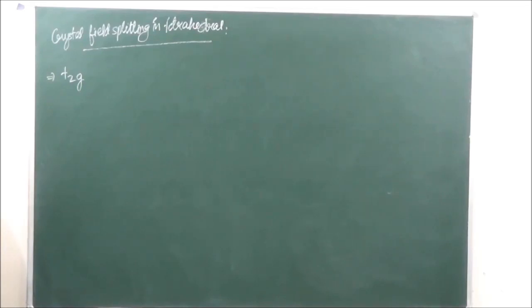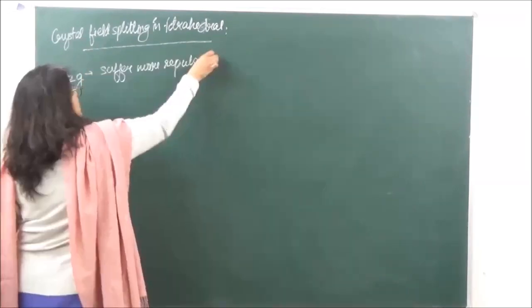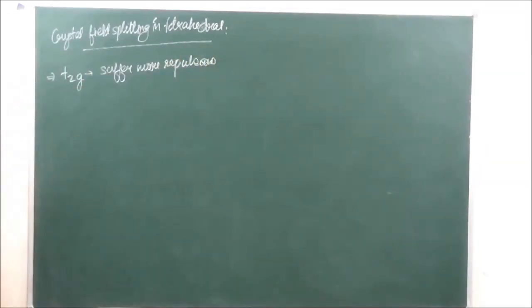So as a result, what will happen? The T2g electrons are going to suffer more repulsions because they are closer to the ligands, right? So in this case, the energy of T2g is going to increase more than Eg.